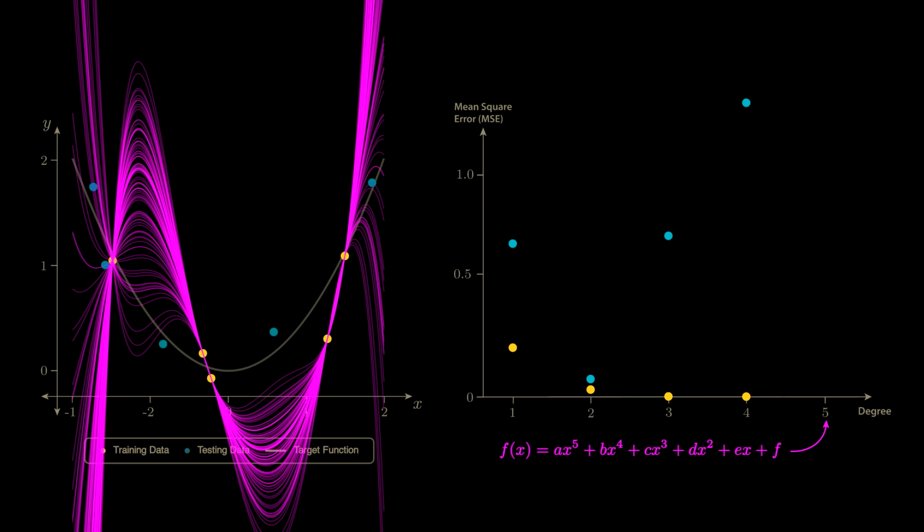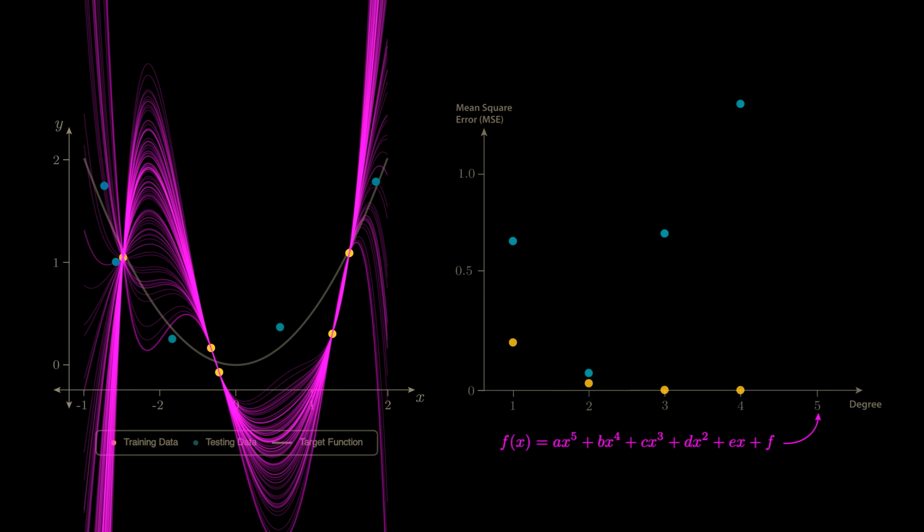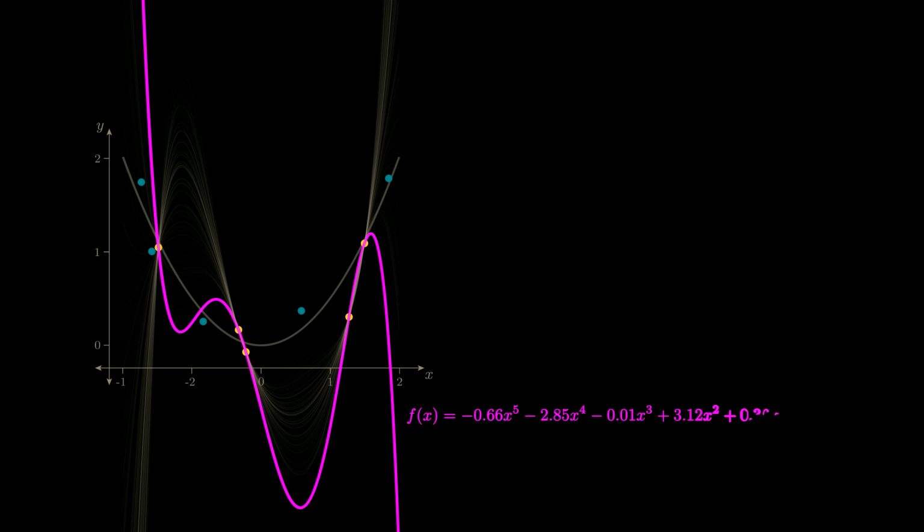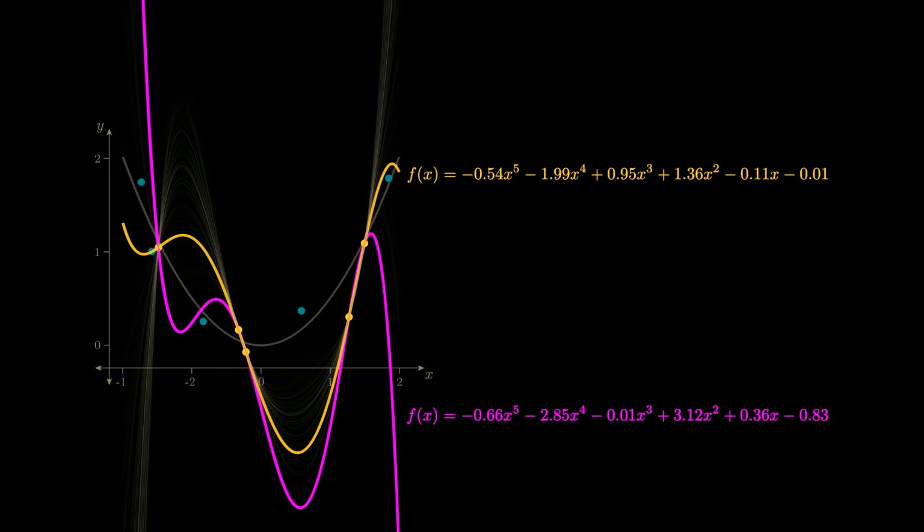The solver will effectively choose the curve with the smallest sum of squared coefficients. For example, this more chaotic curve fit corresponds to this polynomial with these 6 coefficients. And this simpler curve corresponds to this polynomial. If we take each coefficient from our first curve's equation, square these values and add them together, we get 19.13.